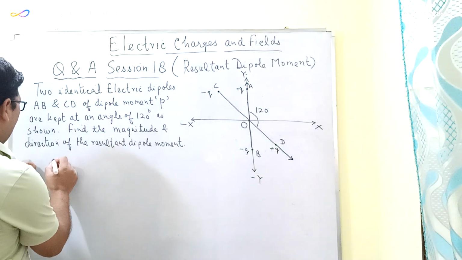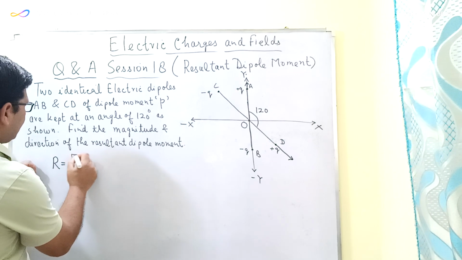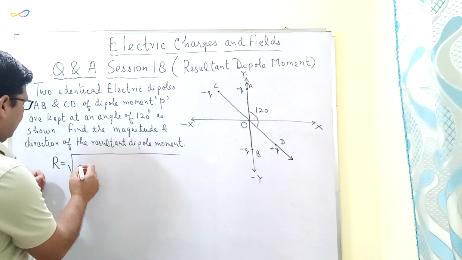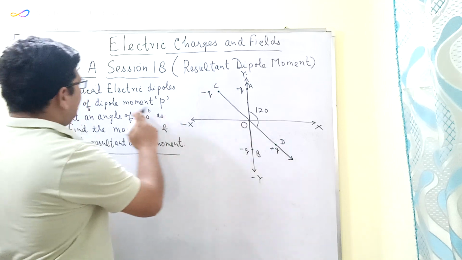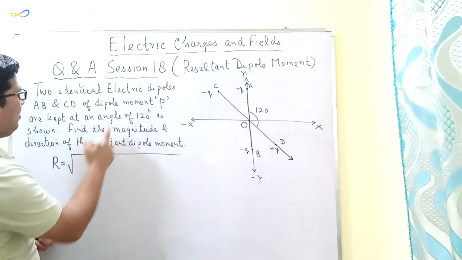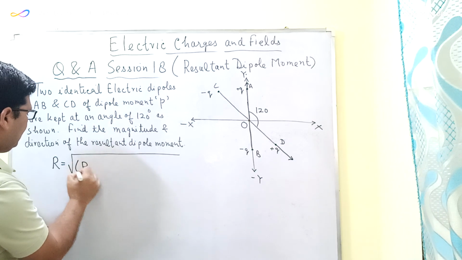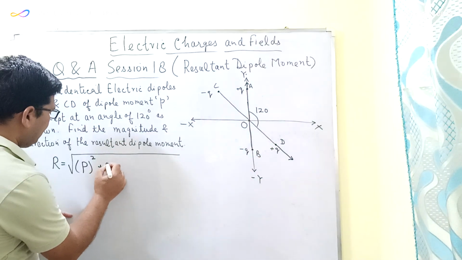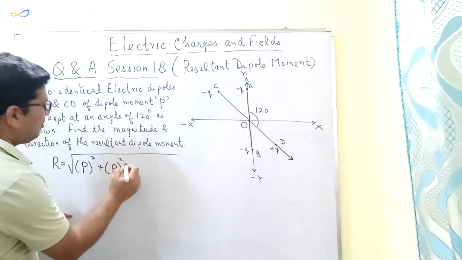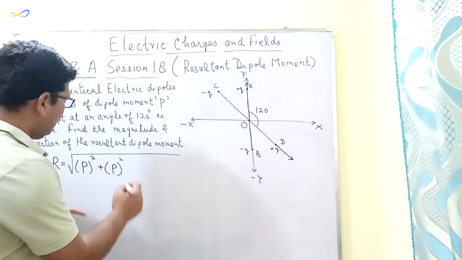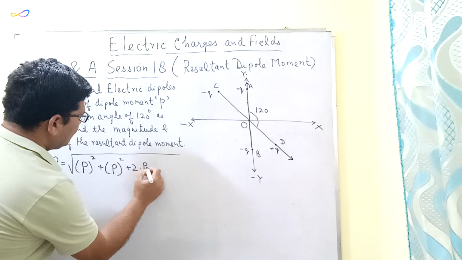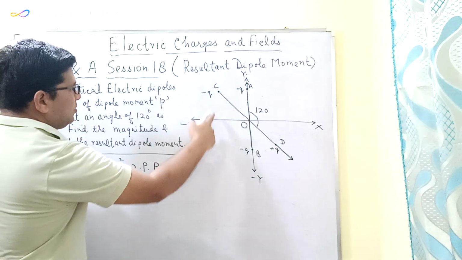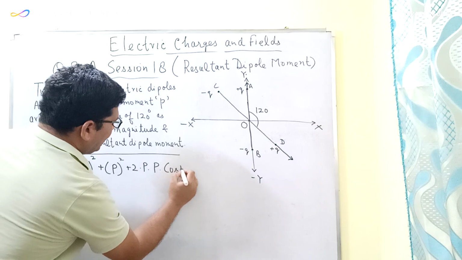So as per the parallelogram law of vector addition, the resultant of these two dipoles will be given by the value, you can say, the square of the dipole moment P of this dipole AB plus the square of the dipole moment of this dipole CD plus 2 times the dipole moment of AB into the dipole moment of CD cos 120 degrees.